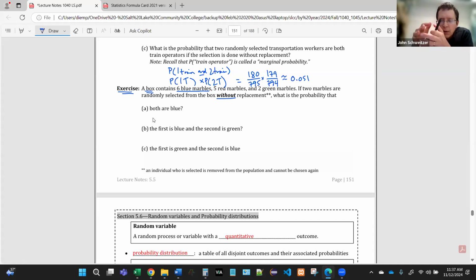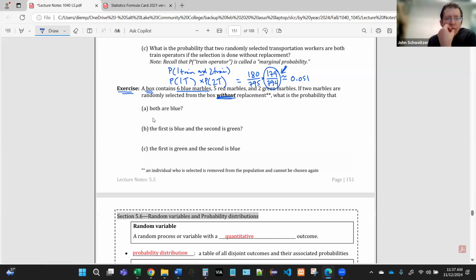Because you're not replacing the first one, it does change the probability of the second one. It's not always a really noticeable difference, and in this one it's not super night and day. It's subtle, but it's important to get it right. So just like this one over here, we're going to have a slight difference because we're doing this without replacement.